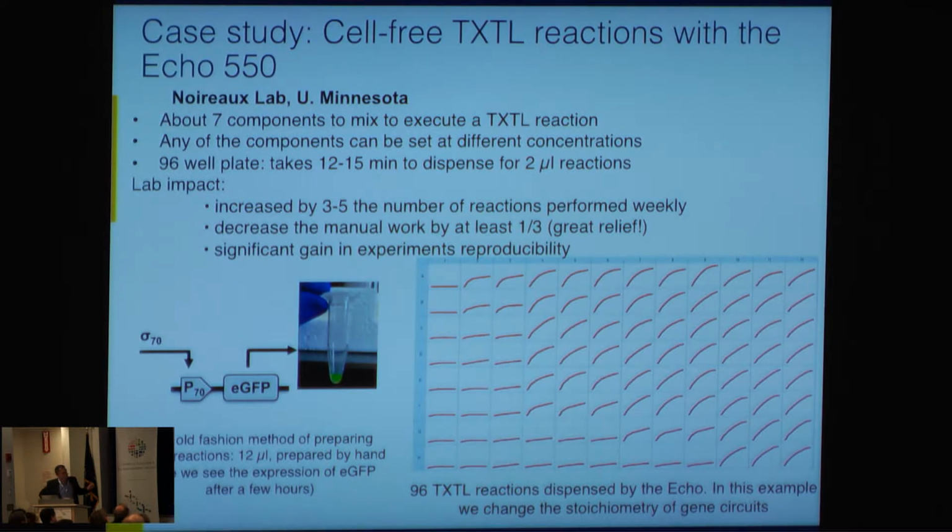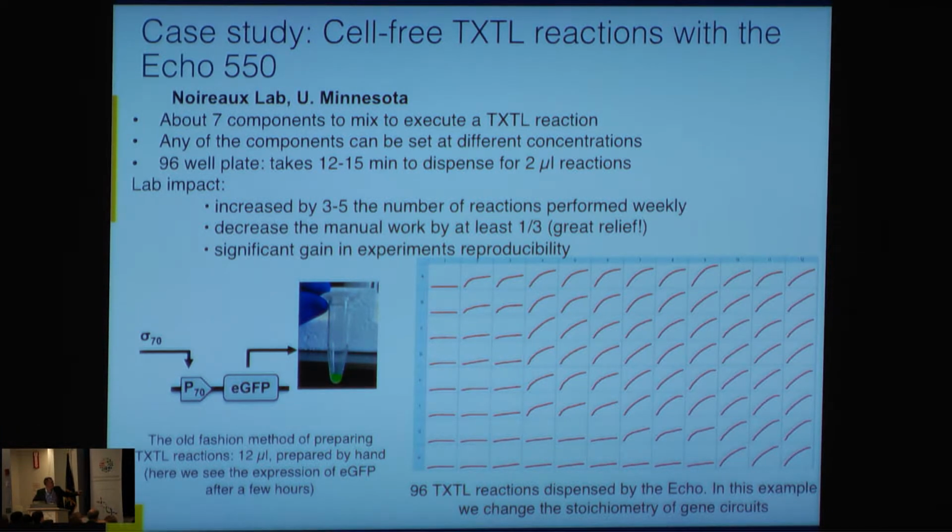What we were able to do with his lab, as well as in the course, was dispense all of the components necessary for the TXTL to take place. And given this example data that he generously provided, we were able to change the stoichiometry of the gene circuits and then read in real time the production of the GFP.